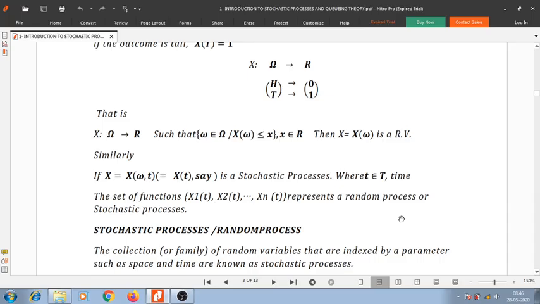There is a football game. 22 players are playing in a ground. Each team consists of 11 players, a total of 22 players. Suppose every player is labeled 1, 2, 3 up to 22. That we may define as x1, x2, up to x22.